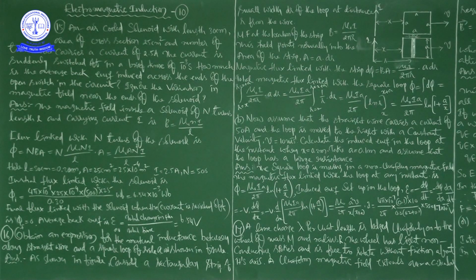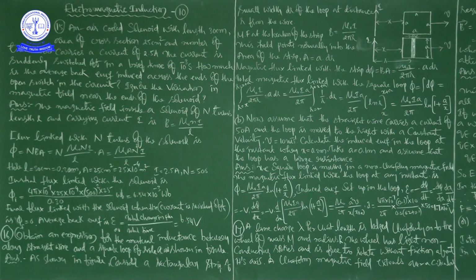It is a small amount of the square loop, which I have written as dr. The distance from the wire to the loop is x, and small r is the distance from the straight wire to the area, the small amount of area we assumed.